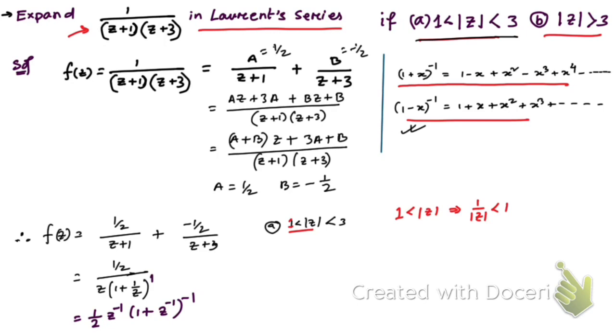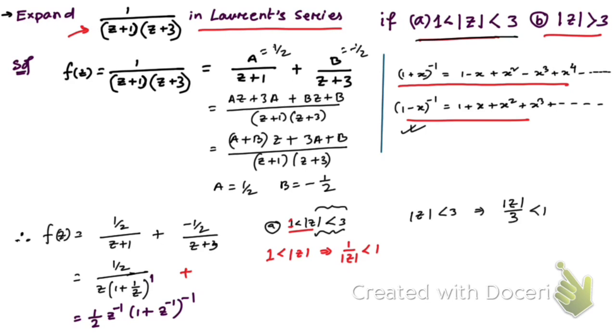Now similarly, for this part, what should we take common? If 1 by z is less than 1, then from this part, the other part in this condition is that mod of z is less than 3. Dividing both sides by 3, mod of z by 3 is less than 1.